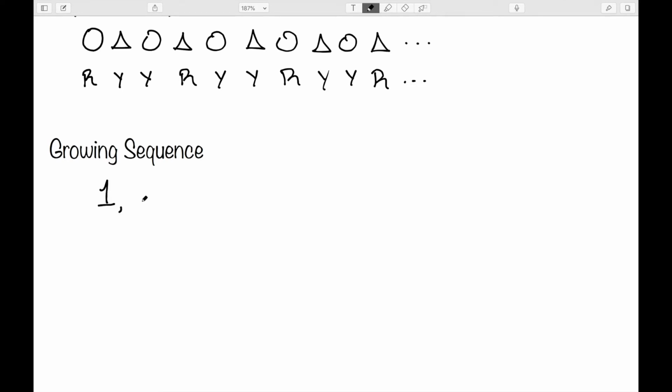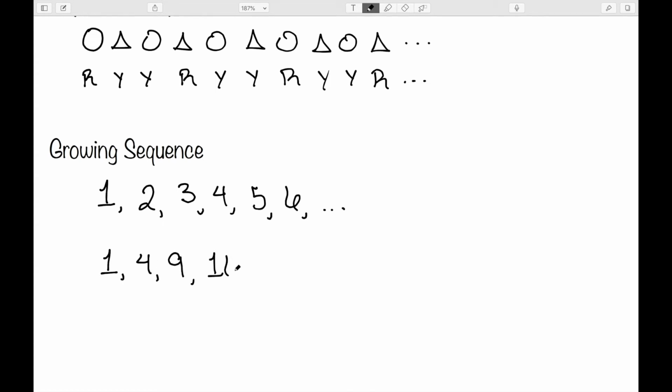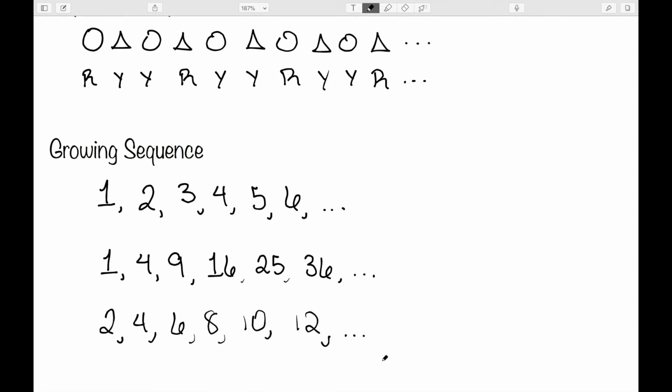The most basic early growing sequence we have is the numbers, which do increase in a pattern. 1, 2, 3, 4, 5, 6, etc. If we want to make it a little more complicated, we could do the squares. 1, 4, 9, 16, 25, 36, etc. Or maybe we want to look at even numbers, 2, 4, 6, 8, 10, 12, etc. And these growing sequences are the ones I want to talk a little bit more about.